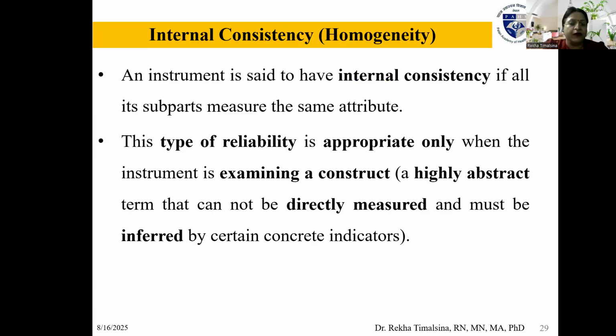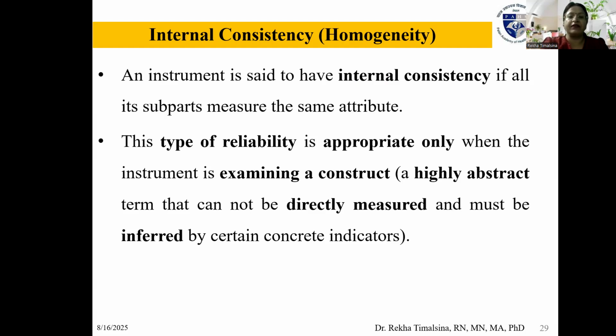Another form of reliability assessment method is internal consistency, also known as homogeneity of the items of the instrument. An instrument is said to have internal consistency if all of its parts measure the same attribute.